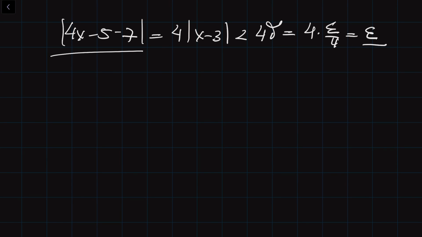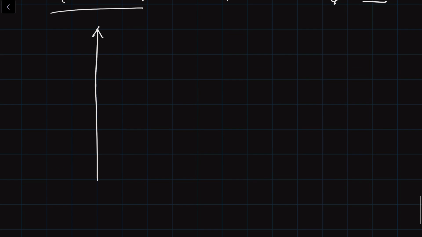So if x gets closer to 3, our function gets closer to 7. We can show this graphically as well. So let's try to sketch the graph of this function and understand what this limit expression means.